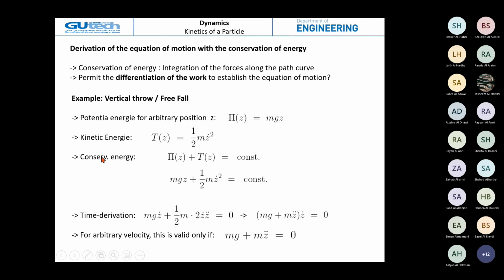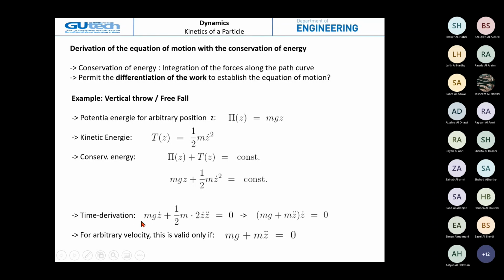Then if we write that the conservation of energy will be constant, it means the initial energy will be equal to the actual energy. If we make the sum of the potential energy plus the kinetic energy, it will be constant, then we make the time derivative.